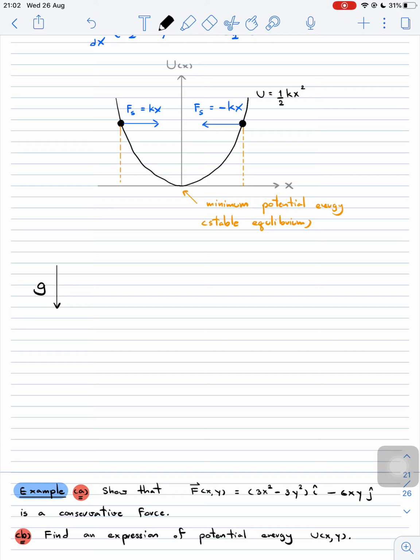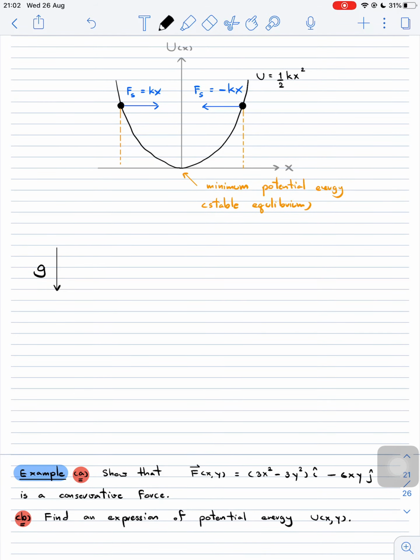And we said that if we have a reference level here, and then we have an object, let's say a point mass with mass m, and it makes a displacement equal to y from the reference level here. So we said that the potential energy of the mass here is equal to mgy. This is the potential energy due to gravity, or we just call it the gravitational potential energy.